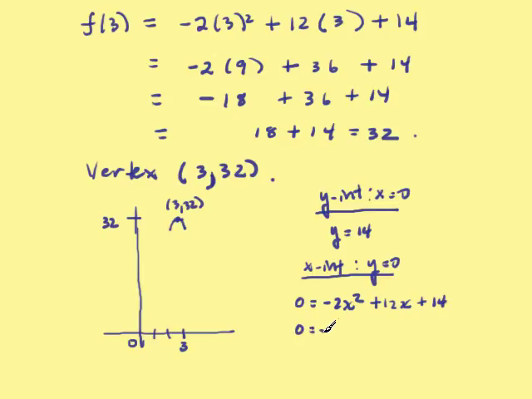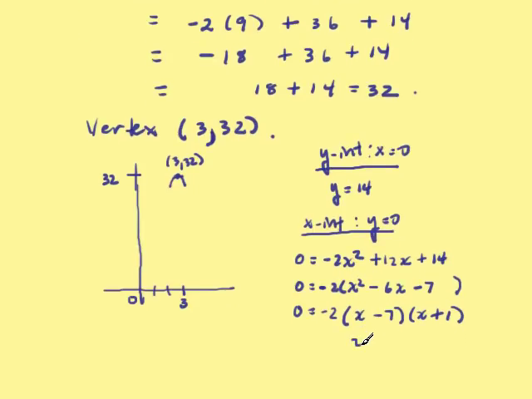Let's factor out that negative 2 before we try to factor. So here we'll have x squared minus 6x minus 7. So this factors as (x minus 7)(x plus 1). So we get two x-intercepts, x equal to 7, x equal to negative 1.